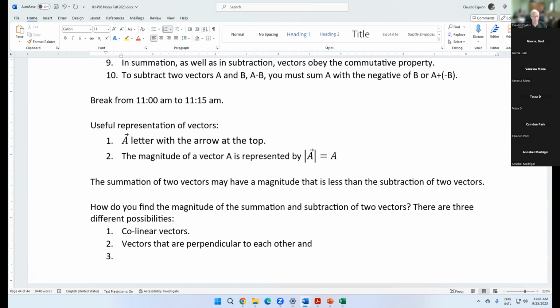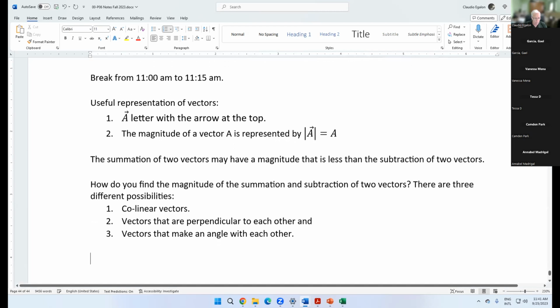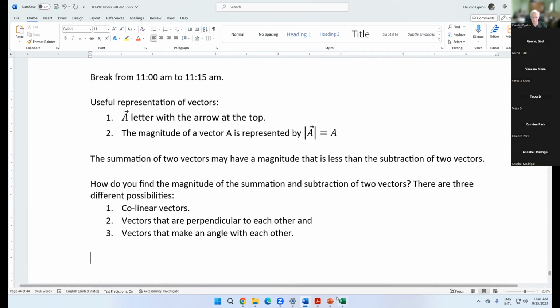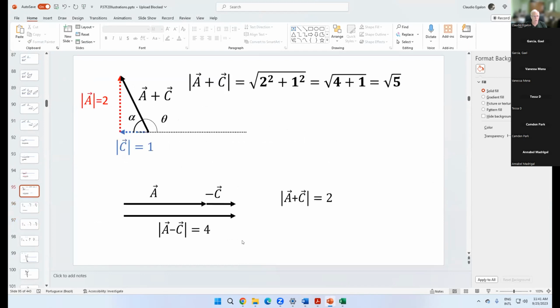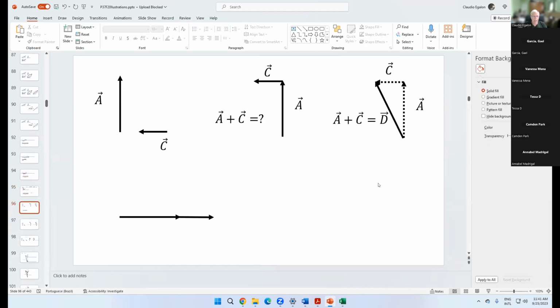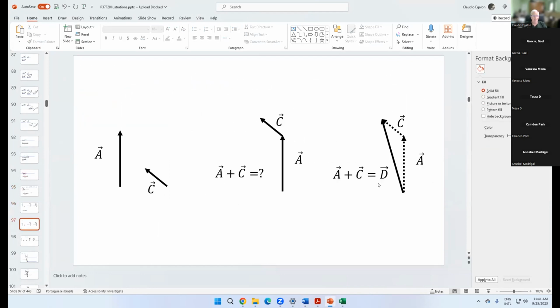And three, vectors that make an angle with each other. Here is the example of collinear vectors. Here is the example of perpendicular vectors. And here is the example of two vectors that make an angle with each other.